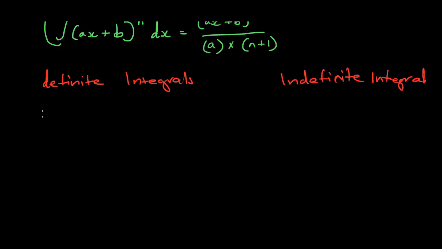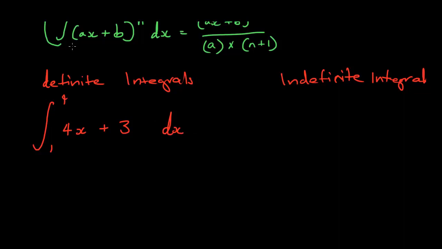So first off, a definite integral looks something like this. That's our integral symbol, and we have two numbers, suppose 4 and 1. And then we have a normal integral expression, like 4x plus 3, in respect to dx. That is a definite integral.